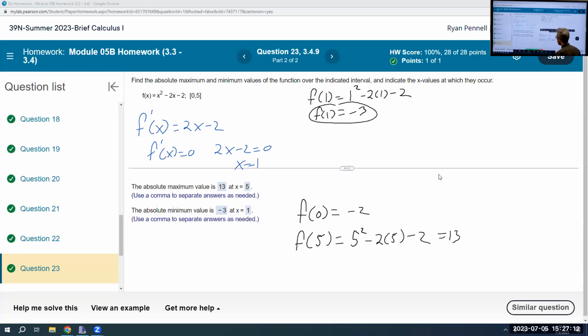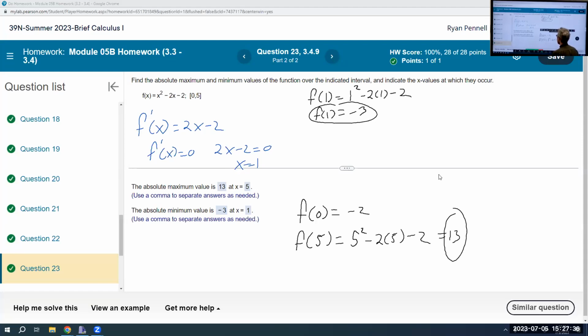Okay, so the absolute min or max for the function could exist there. So what is the absolute maximum value? For mine, it occurred at 13. You see that that's true, that's occurring at x equals 5. Okay, that's because the domain was bounded.